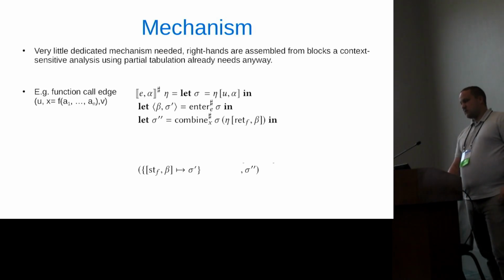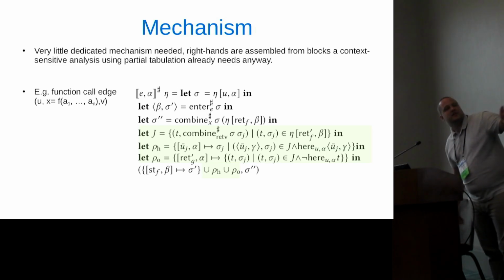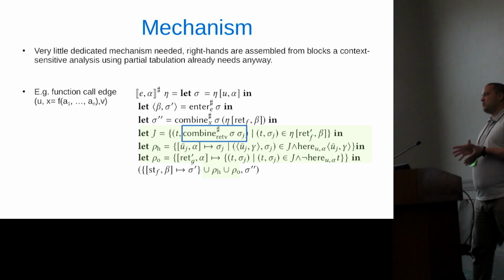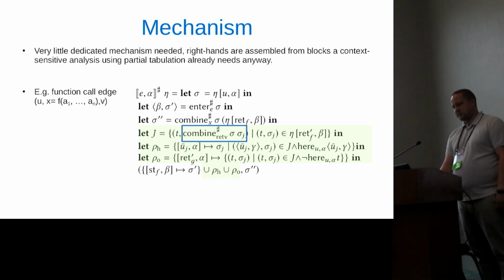And then the things that we need to add to account for setjmp, longjmp are these additional things here. This looks like a lot, however, notice that this combine abstract transfer function here is also a reuse building block. So the only thing that's happening here is a little bit of shuffling of abstract states, and the rest is basically lifting other analyses.